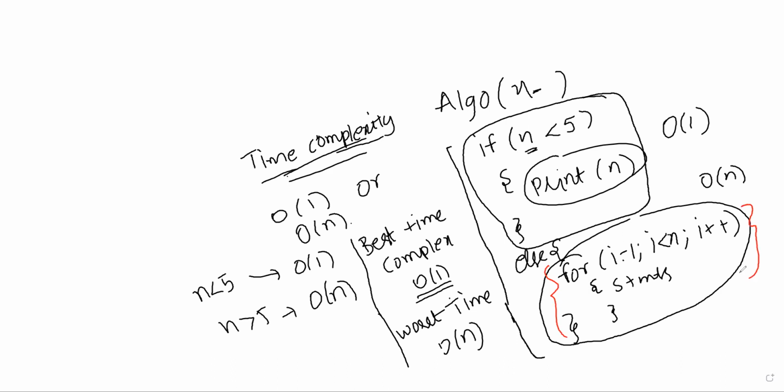Whenever you see those kinds of things, you always express time complexity as best time complexity and worst time complexity. So is that clear? That is what we call best time complexity and worst time complexity, right?